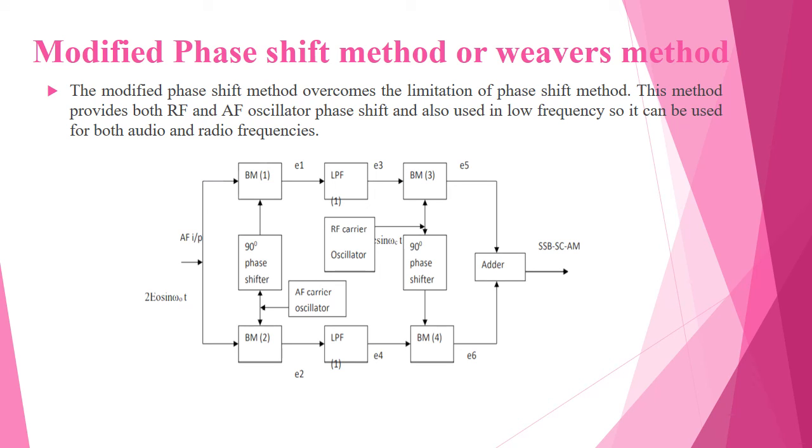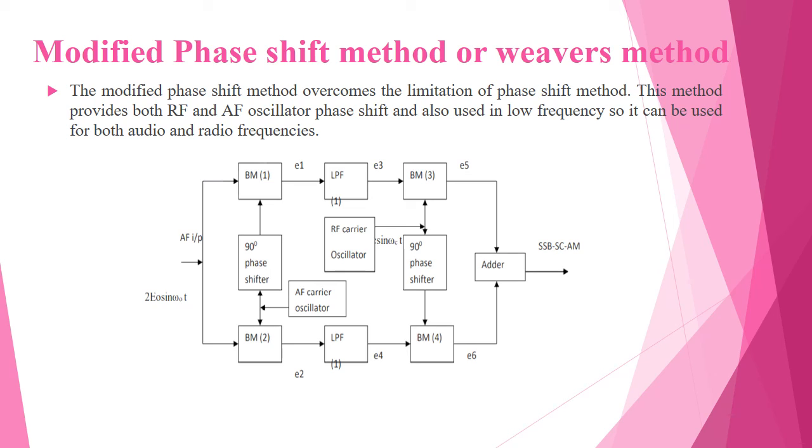Okay. So next we are going to see the modified phase shift method, which is also known as Weaver's method. Okay. The modified phase shift method will overcome the limitations of the phase shift method. This method avoids the RF and AF phase shift, and it can also be used at low frequency. So it can be used for both audio and radio frequencies. So this is a modified version of the phase shift method.